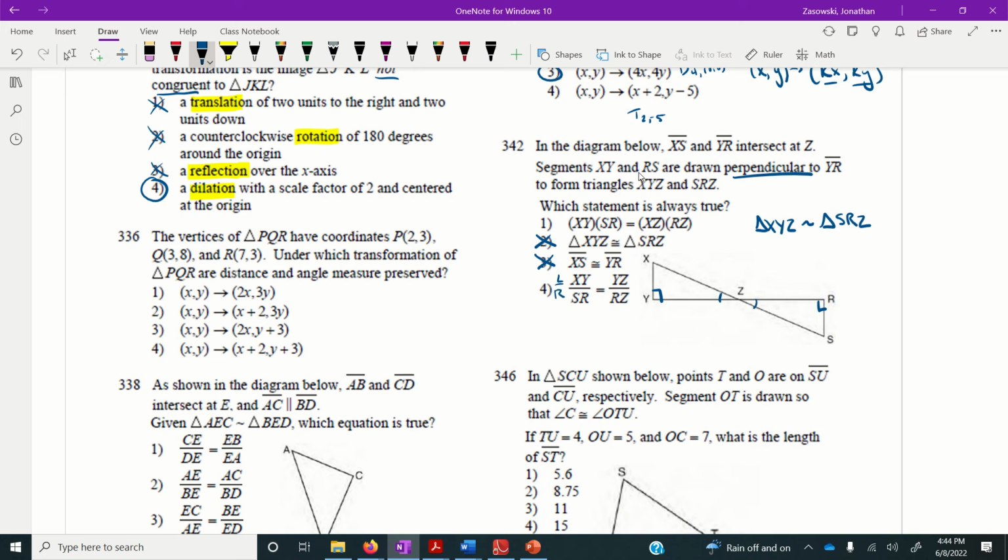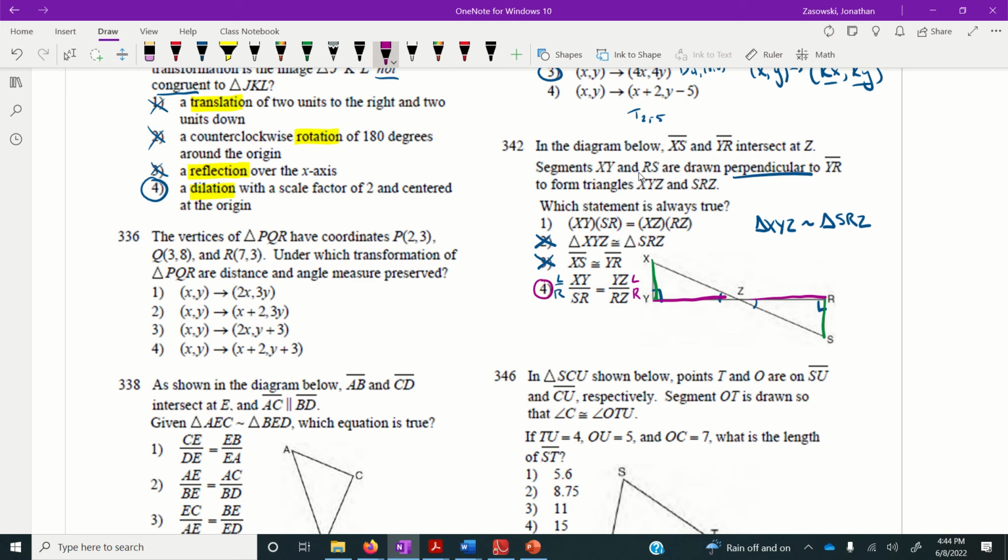So we have to be in the same order. So that means that if we choose XY and SR, then when we pick YZ, we have to pick ZR to be in the same order. Okay, YZ to ZR, and we are going from left to right, so this would be true, and we can select this one.